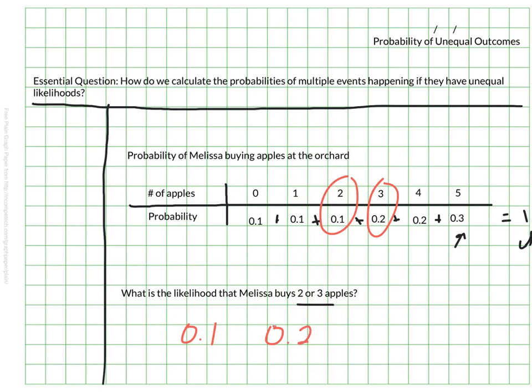So if we want to know the total chance of her getting either 2 or 3, we simply need to add those together and say, oh, she has a 3/10 chance that she'll buy either 2 or 3 apples, a 30% chance, right? We can also say that as 30%, a 30% chance that she'll walk away with either 2 or 3 apples.